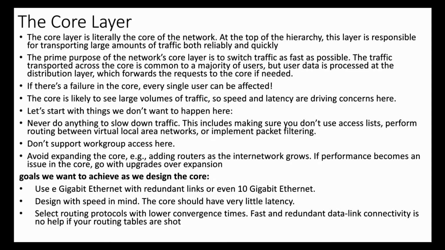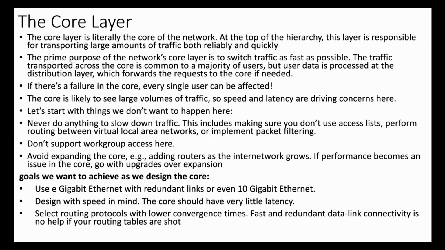Goals we want to achieve as we design the core. Use a gigabit Ethernet with redundant links, or even 10 gigabit Ethernet. Design with speed in mind. The core should have very little latency. Select routing protocols with lower convergence time. Fast and redundant data link connectivity is no help if your routing tables are short.